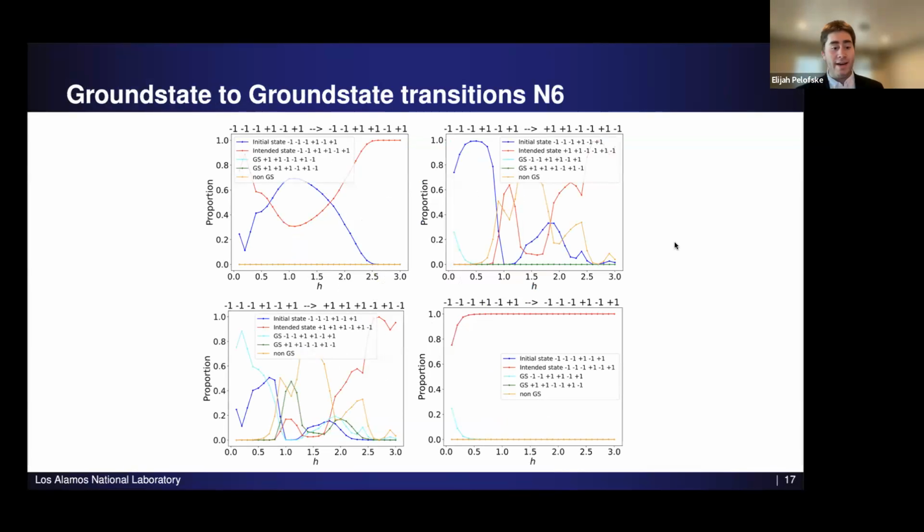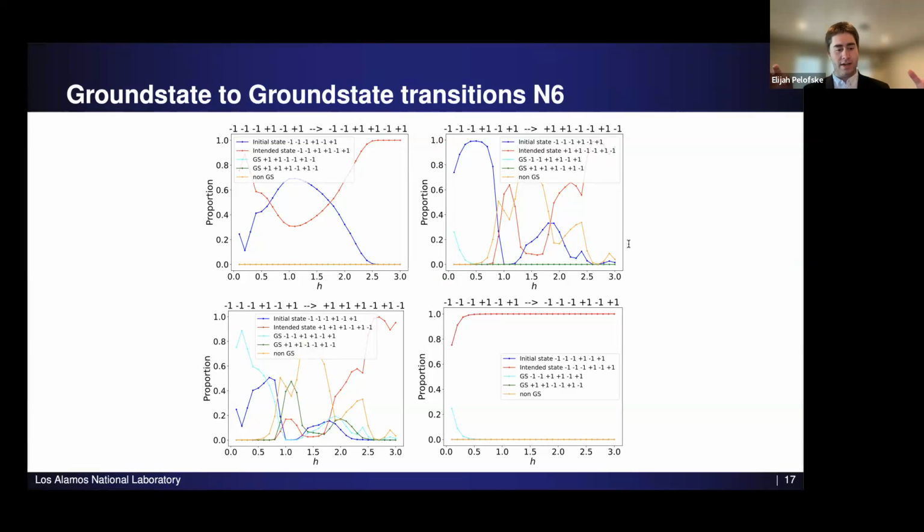Yep. And so something else that we can look at is targeting ground state to ground state transitions, right? So instead of just all states to some specific ground state, we can try to transition from a ground state to another ground state. There are degenerate ground states. And you can see clearly there's interesting dynamics there as well. In particular, what I want to emphasize is that you will transition through states that are not ground states, right?